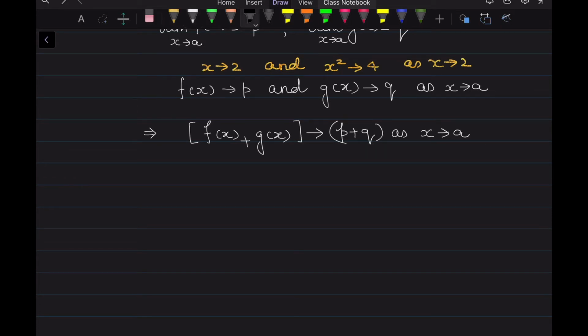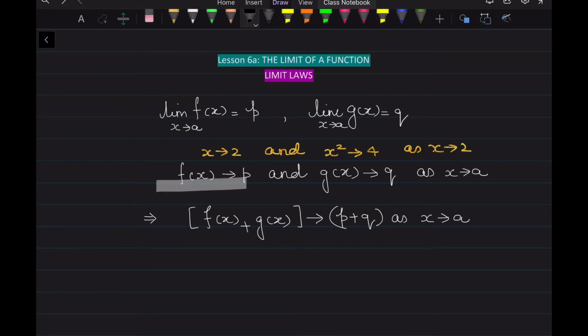It means that this number p plus q is the limit of this function f plus g as x approaches a. See, when we say f(x) approaches p as x approaches a, it means that this p is the limit of f as x approaches a. In a similar manner here as well, we see that f plus g approaches p plus q as x approaches a.